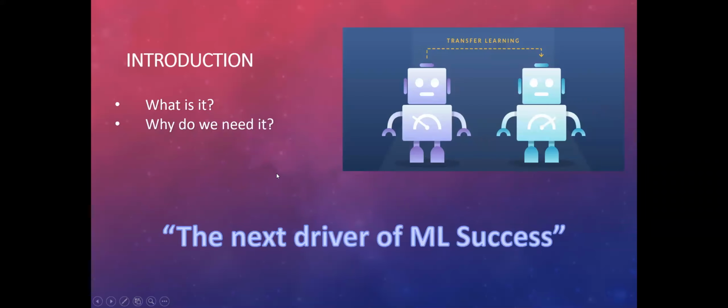So, what is transfer learning? Transfer learning is an area of machine learning where a model learns some features or the data that another model has learned. That's the most basic definition that one can give of transfer learning. It is the transferring of learning from one model to another.